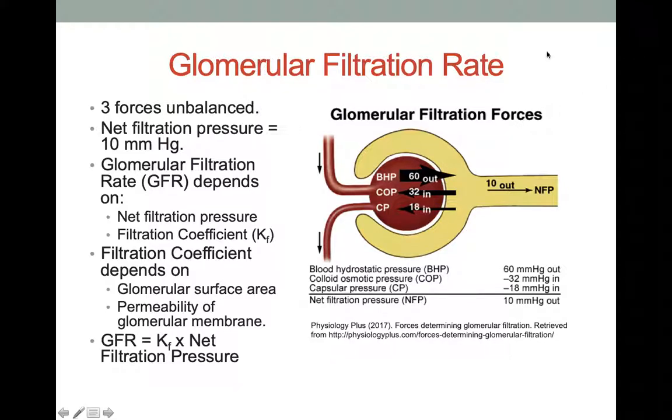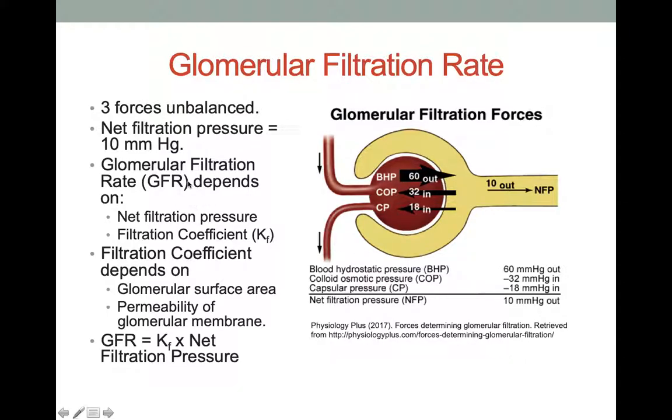Now the numbers in this picture are a little off because I grabbed them out of another book, so the 60, 32, and 18 don't match up to what our book said, but the overall net filtration pressure does work out to be 10 millimeters of mercury pushing out, so filtration would occur. This forces large volumes of fluid from the blood through the highly permeable glomerular membrane.